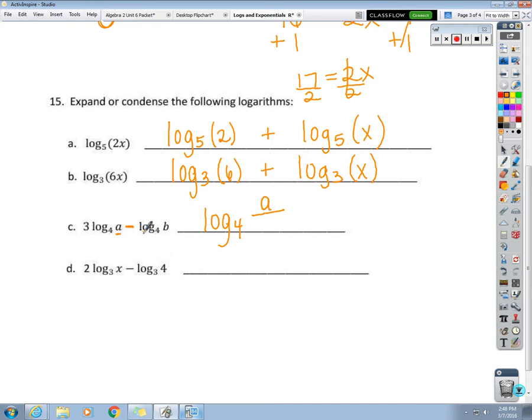A is one that first, and then B. And the 3 was, the power was, remember, it was the exponent that got brought down to the front. So what's the answer for D? Log base 3. Okay, but what have we not dealt with? This 2 was the exponent for the x.